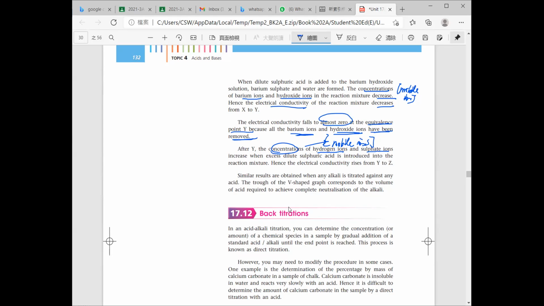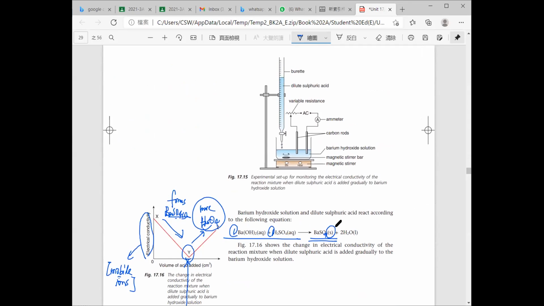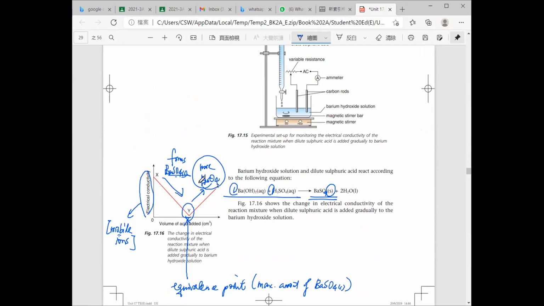So electrical conductivity increases from Y to Z. Okay, can you get the point? I use this as a way, and we can also determine the equivalence point from this setup. Any questions? Any questions?